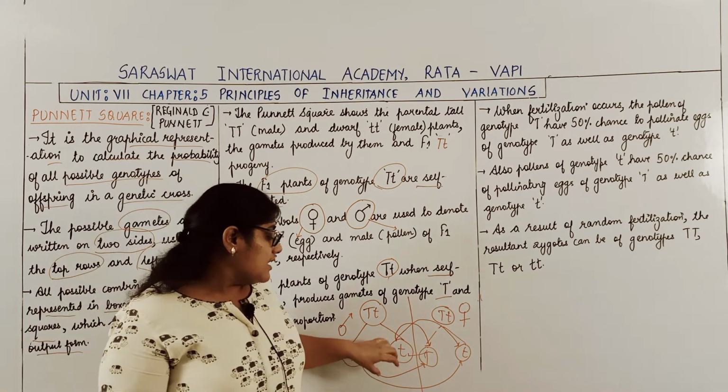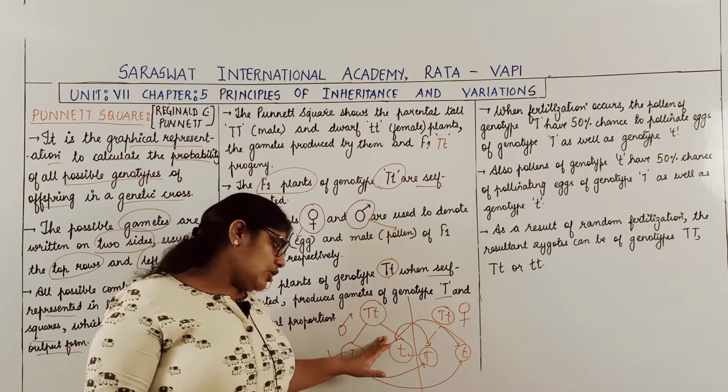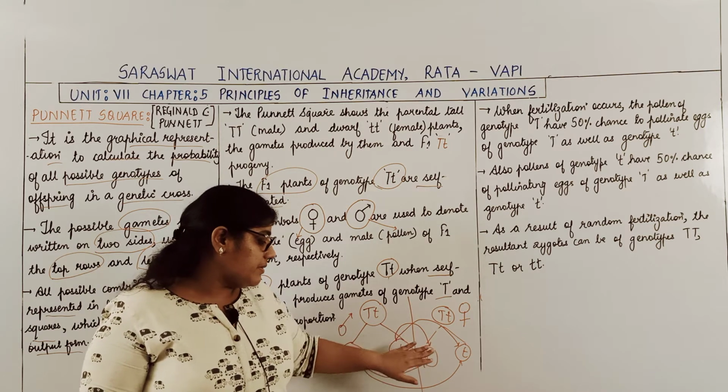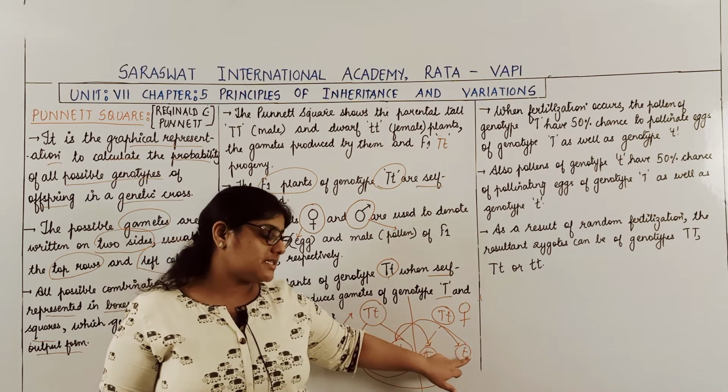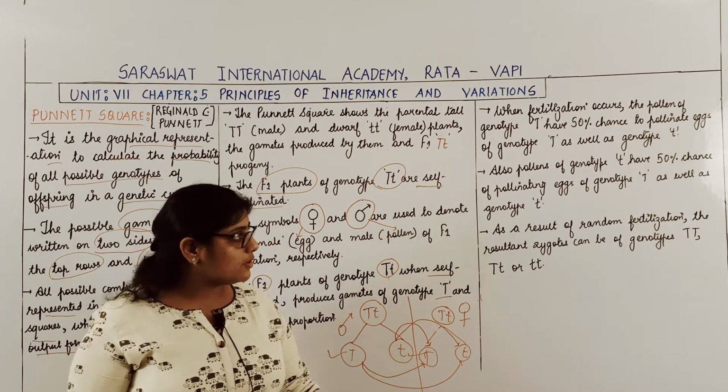Similarly, if the pollen has the genotype small t, it also has a 50% chance to meet the gene capital T of the female gamete, as well as a 50% chance to fuse with the female gamete containing the small t gene.